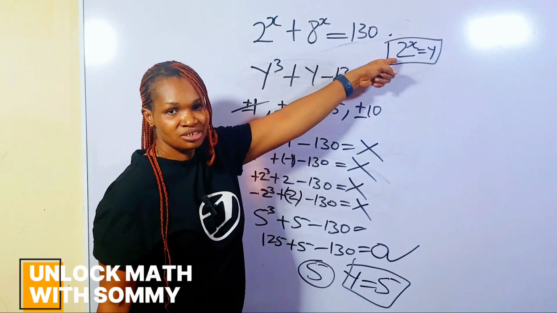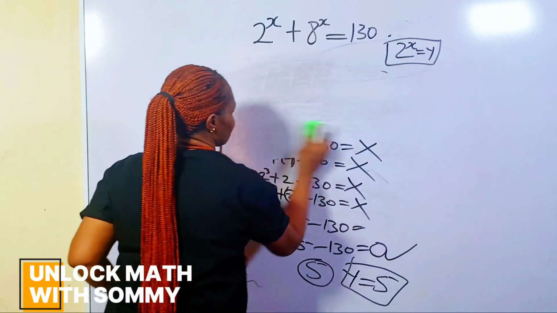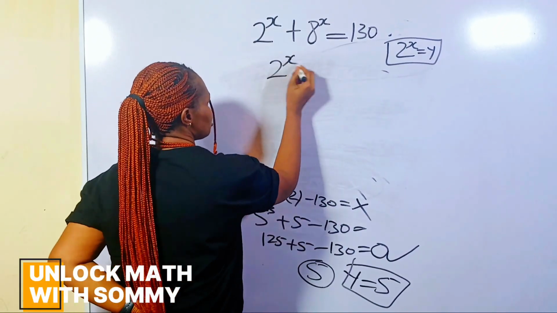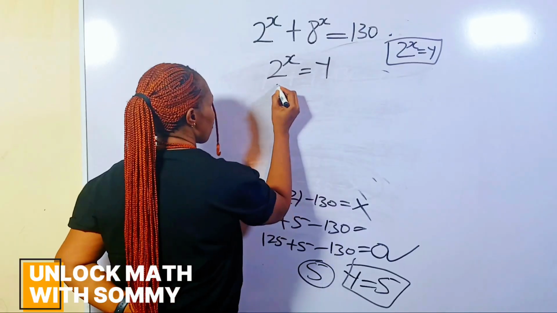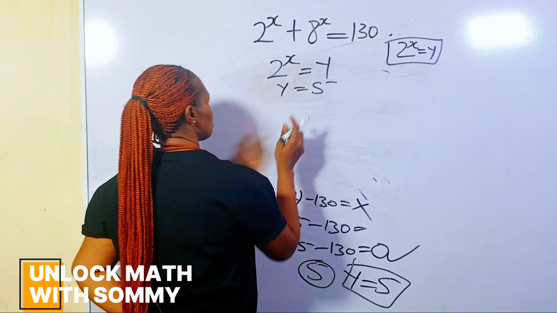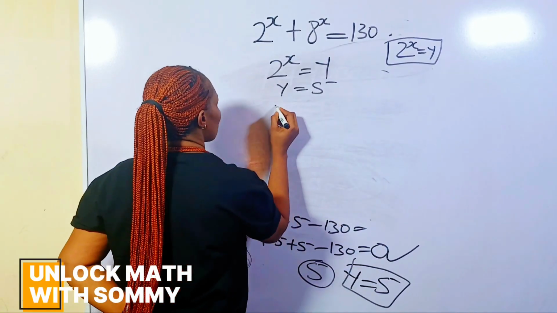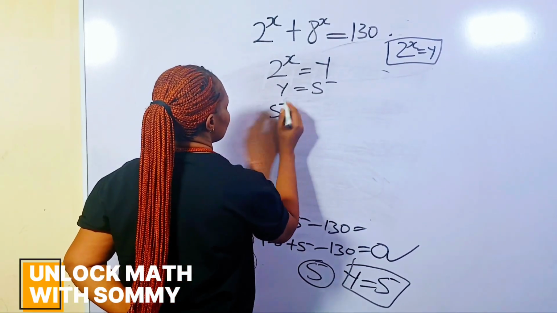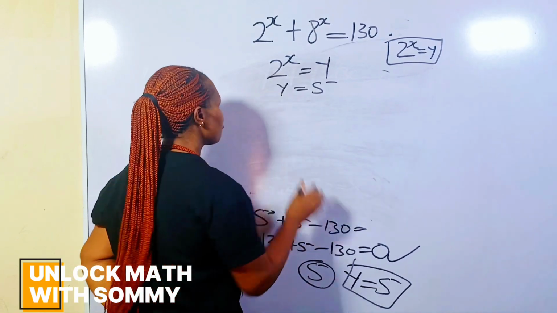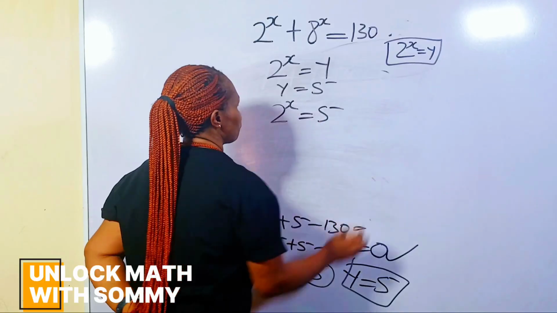Now we go back to our substitution. 2 raised to the power s is equal to y. Now our y is equal to 5. We now substitute. We now have 2 raised to the power s is equal to 5.